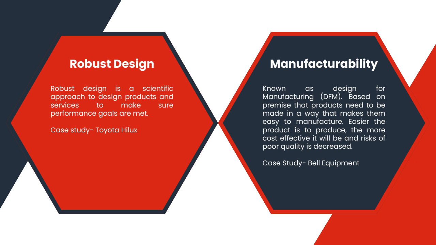Also, from a maximizing the product life perspective, it's built with longevity in mind. So it needs to be a very functional vehicle so that it's reliable over a longer period of time. And I'm pretty sure, as much as I use the Toyota Hilux as an example, there are probably other vehicles or other automotives or other OEMs that share the very same sentiments as a robust design of a Toyota Hilux.